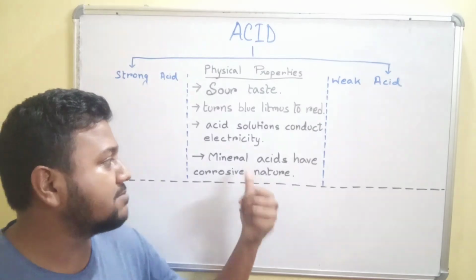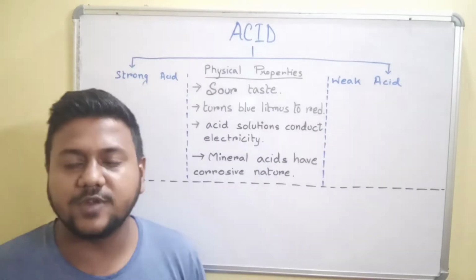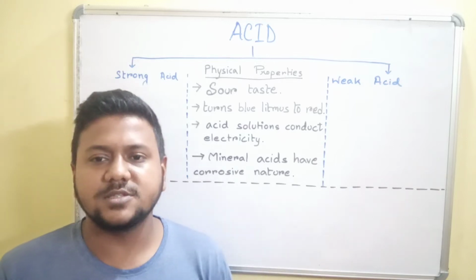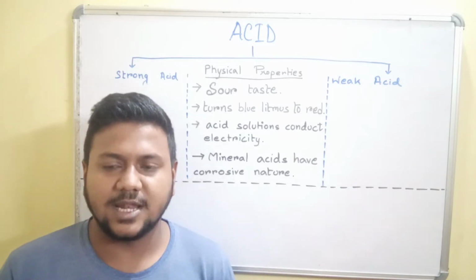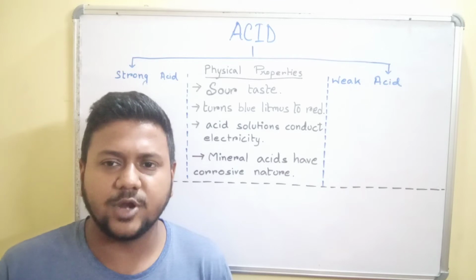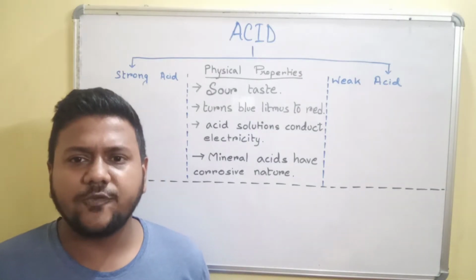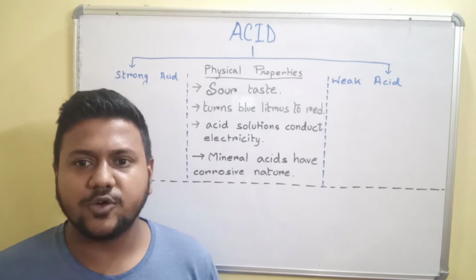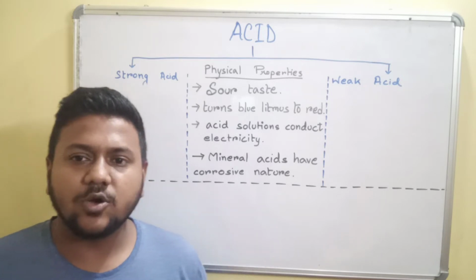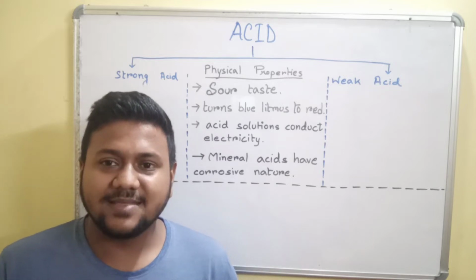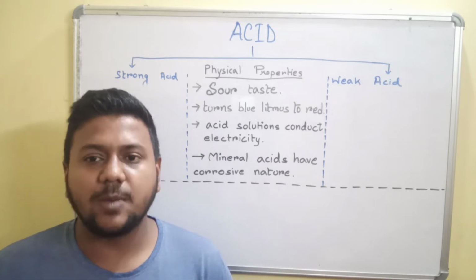We have learned the term here. Mineral acids have a corrosive nature. So what are mineral acids? There are several minerals present in the earth's crust, like sulfates and carbonates. These kinds of minerals observed in our earth come in contact with water and form acids, and that can be manufactured in the laboratory.